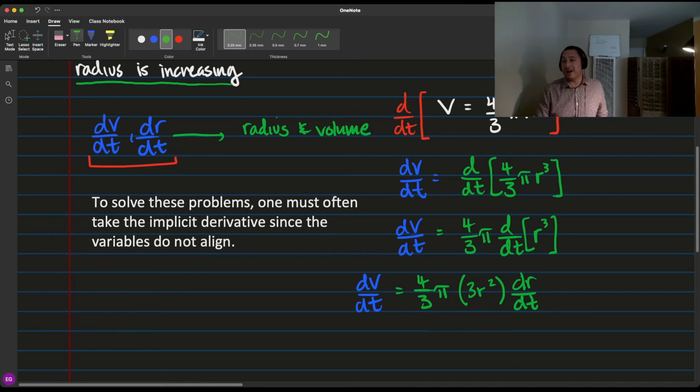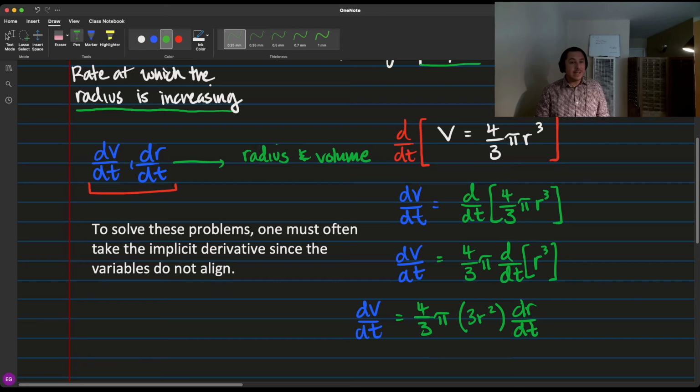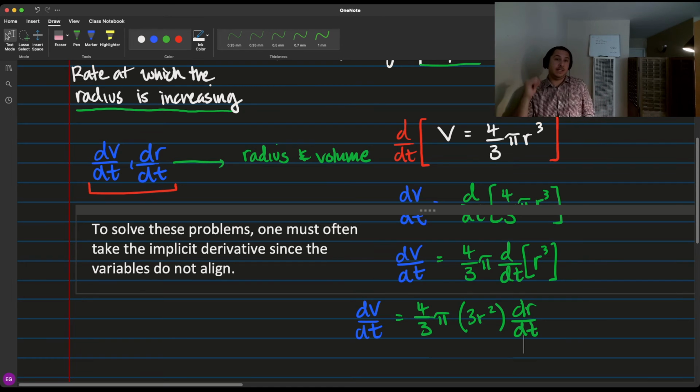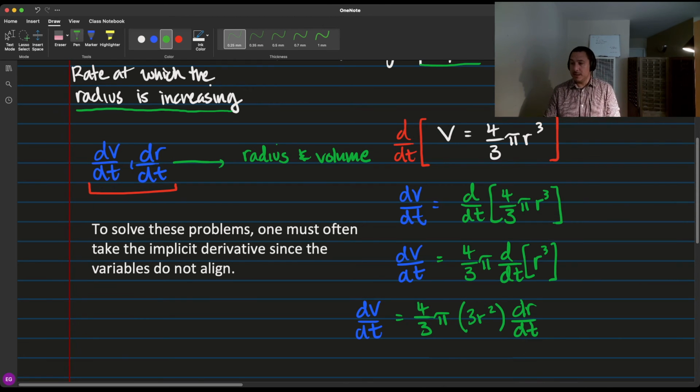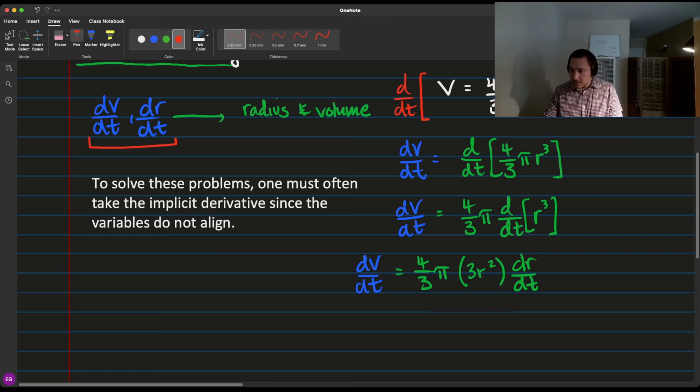Now notice you have an equation which relates dV/dt and dr/dt. This is what you'll have to do to solve these sorts of problems. I haven't done a complete example yet, but I'm showing you vaguely how the process is going to go. You find an equation which relates the two variables you want. Then you take the derivative to get the rates of change that are related. And let's simplify here. Notice that the 3 on the bottom and the 3 there cancel.